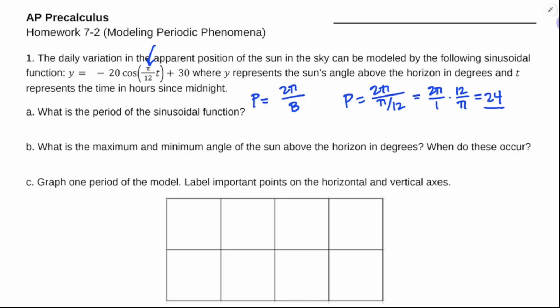What is the maximum and minimum angle of the sun above the horizon in degrees, and when do these occur? Well, I think it would actually be easier for us to do that if we'd already done part C, which is graphing one period of the model. So down here, it's going to be the minimum, because notice I've got a negative cosine. One thing to ask is: do I have a cosine, a sine, a negative cosine, or a negative sine?